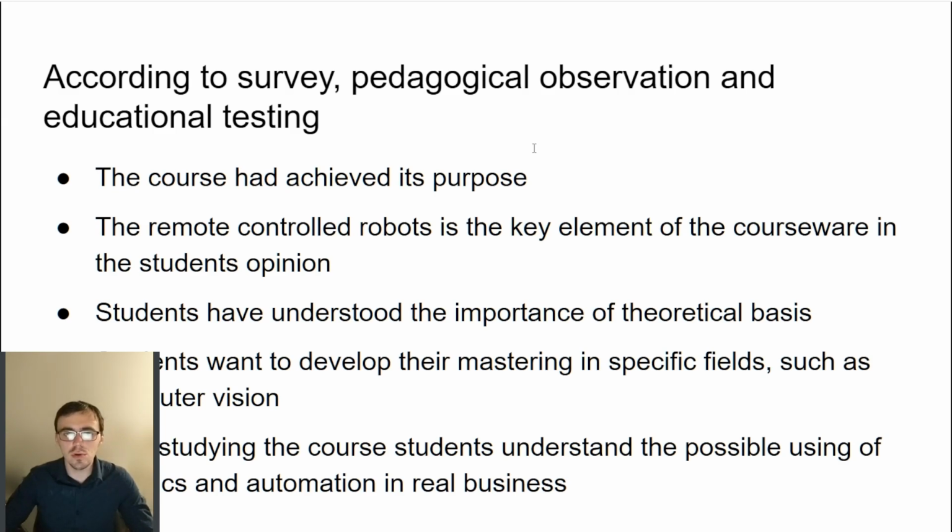The remote controlled robots are the key element of the courseware in the students' opinion. Students have understood the importance of the theoretical basis. Students want to develop their mastering in specific fields, such as computer vision. And after studying the course, students understand the possible use of robotics and automation in real business.